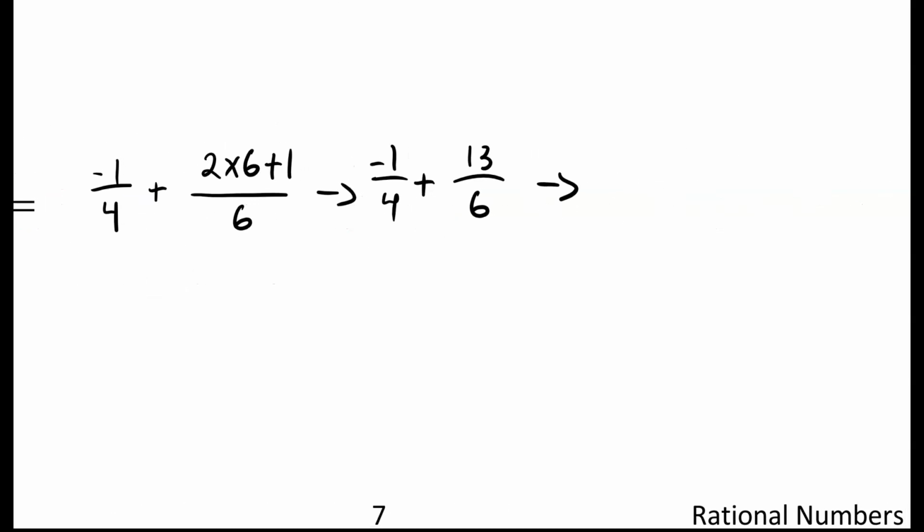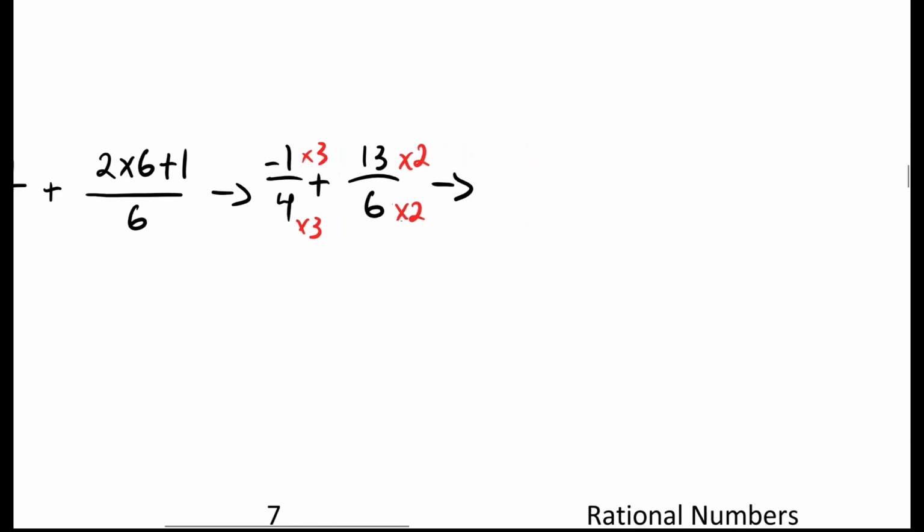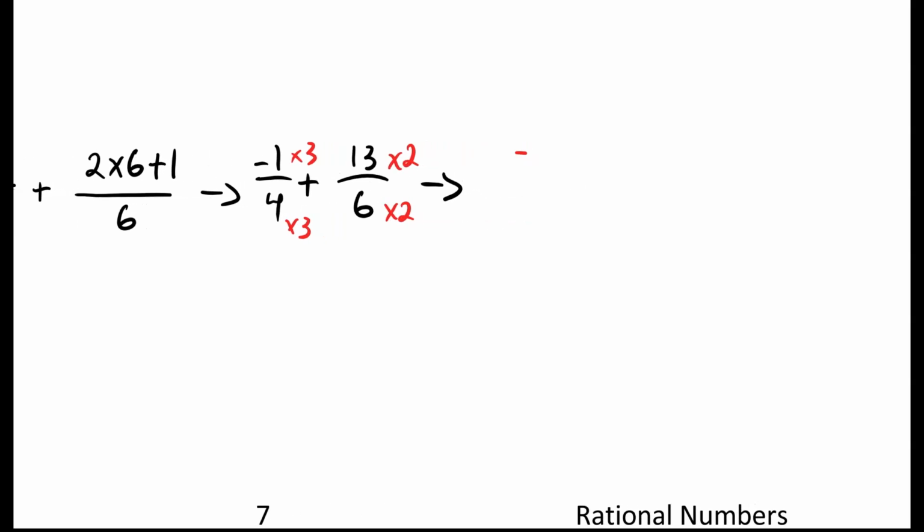So our next step is to get both of these to be 12. Well, 4 times 3, so times the top as well, and the 6 times 2, times the top as well. What we have now is negative 3 over 12 plus 26 over 12.